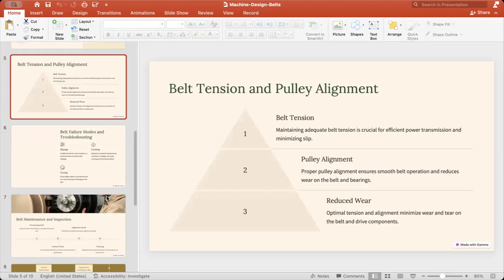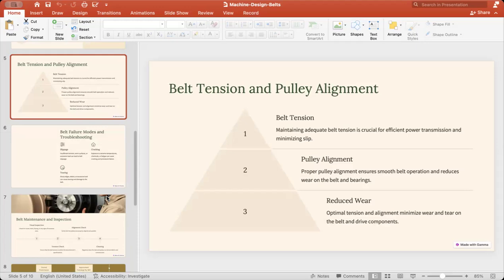For the belt tension, we need an adequate tension, which is crucial for the efficiency of the transmission from the motor shaft to the driven shaft. We need minimal or at least negligible slippage to have an optimal result in the conversion of power.